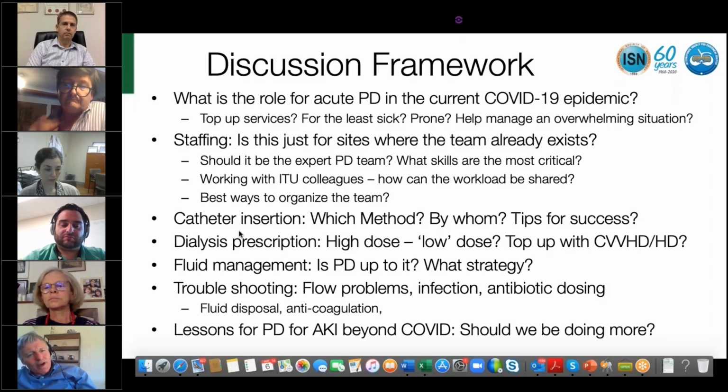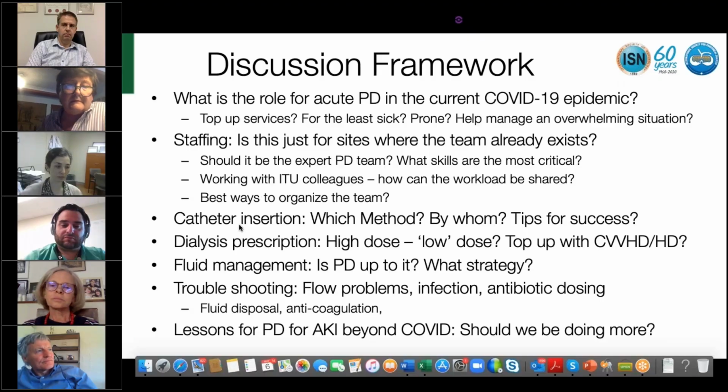And of course, all of our patients have been on ITU, and therefore mobilization has not been a problem. It would be interesting to see if they leaked when prone. The one patient who was prone with a catheter in didn't leak, but we didn't do PD whilst they were prone. Yeah. Elaine, any comments on that?